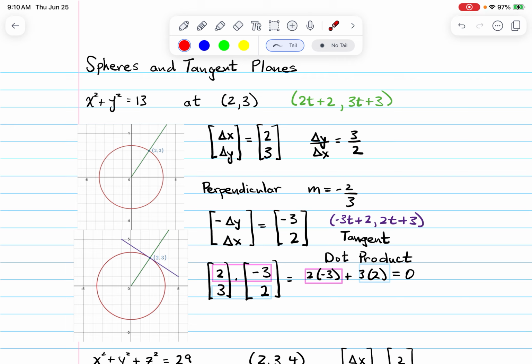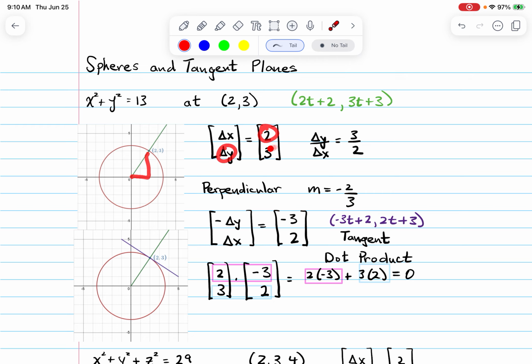Now, (2, 3) is on this circle because notice 2 squared is 4 plus 3 squared, which is 9. So 4 plus 9 is 13. So (2, 3) is on this circle. Now remember, the way we get the equation for this line right here, and I only show part of it, is we look at the delta x, and the delta x is 2, okay?